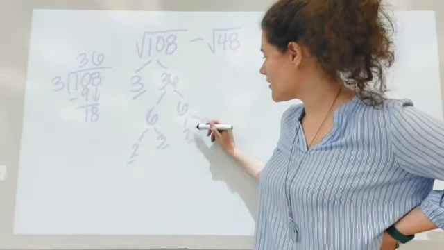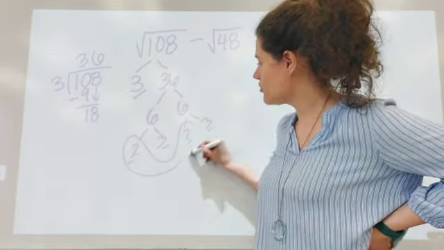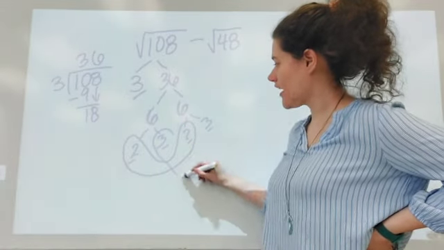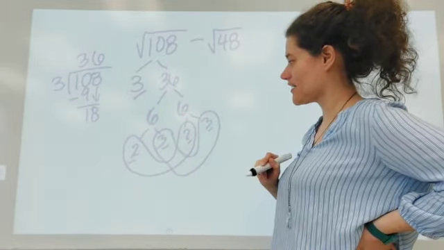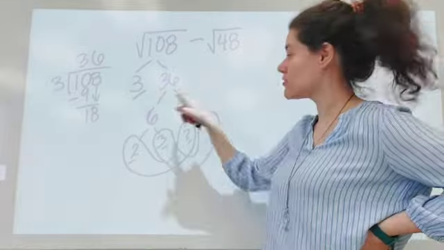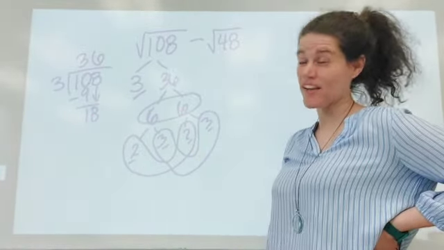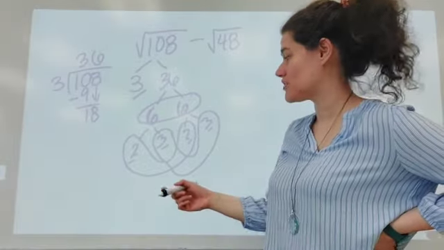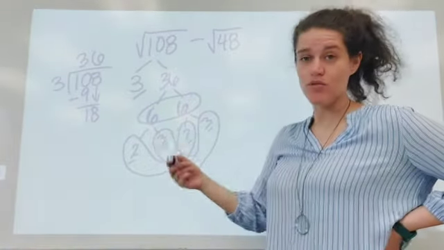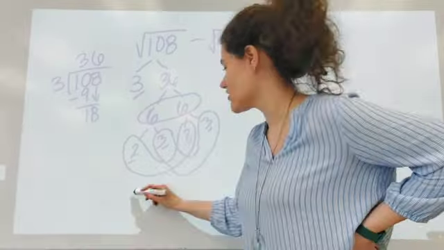Because what'll happen is I'll have a 2 on the outside, and I'll have a 3 on the outside, and 2 times 3 will give me that 6 on the outside anyway. So either way, if you'd like to find the ends, 2 times 3, you'll have a 6 on the outside.